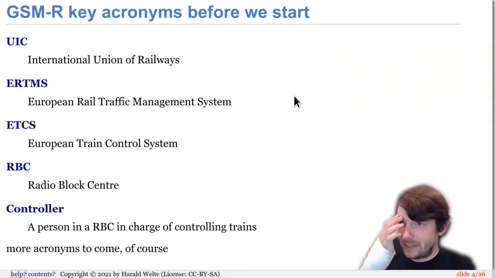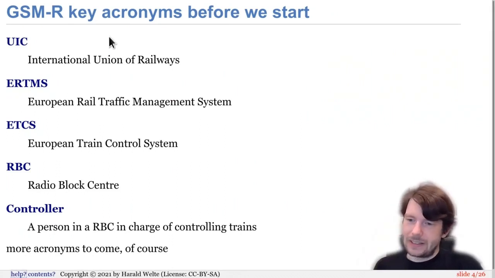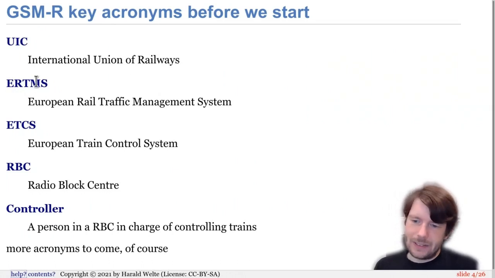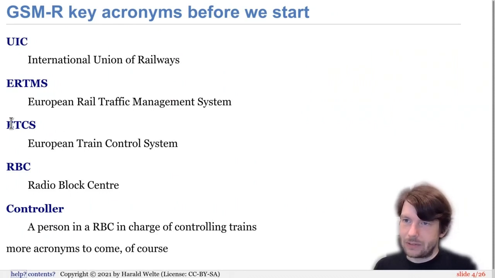So UIC is an international body of railway operators, and ERTMS is a European system for how rail traffic is managed. And within ERTMS, there is ETCS, the European Train Control System. And ETCS is then what, for example, runs on top of Gsm-R in this machine-to-machine use case.